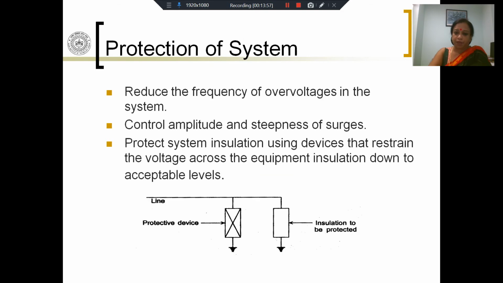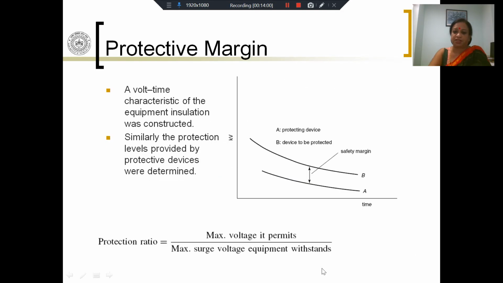So this insulation which is protected has the volt time characteristic given by B. And when you choose the protecting device, you have to have a volt time characteristic which is somewhat similar to it. As you can see, the nature of both curves is similar. They go from higher levels to lower levels. A is the protecting device and B is the device to be protected.